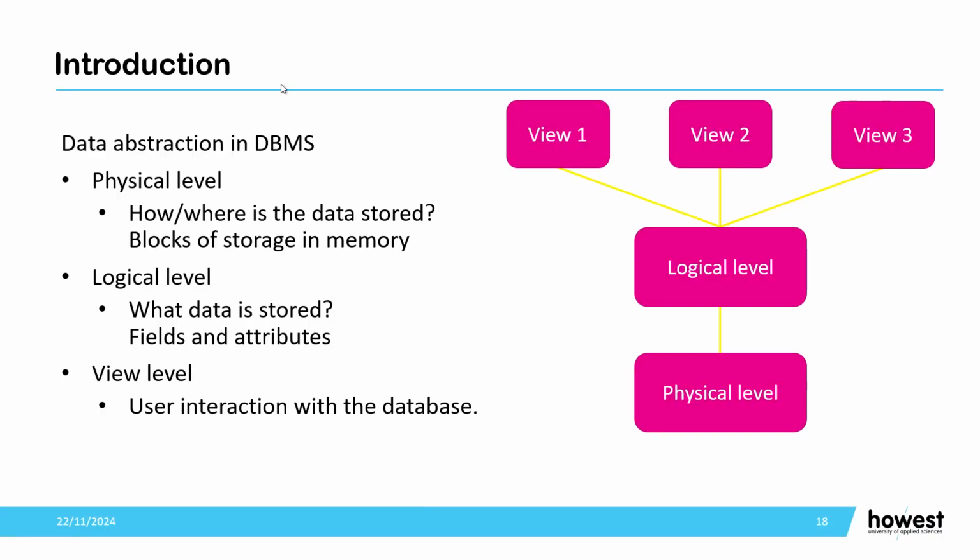Within a database, or a database management system, we have a concept called data abstraction. Basically, it's just different levels of what my database management system is doing. The one that we often know is the view level. So this is what we will see when we ask the database management system to return us some data or to store some data.